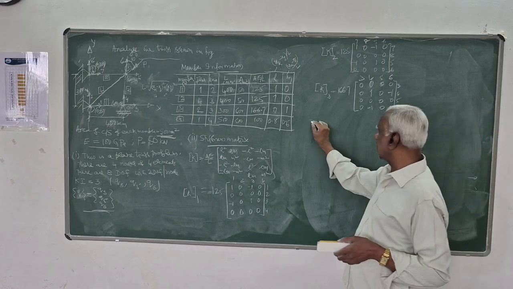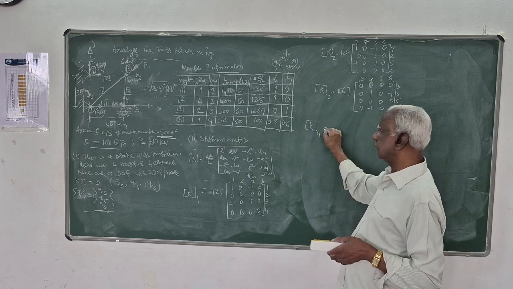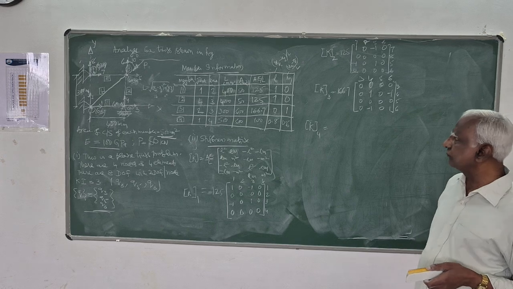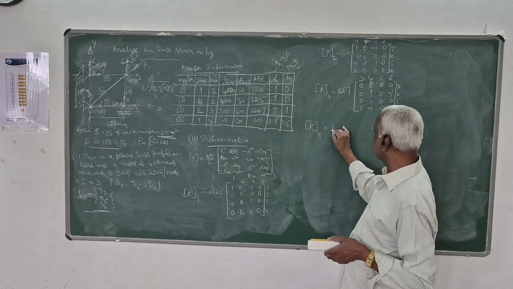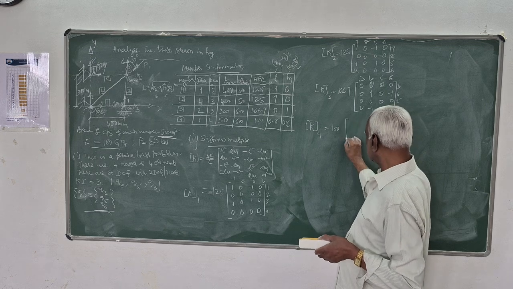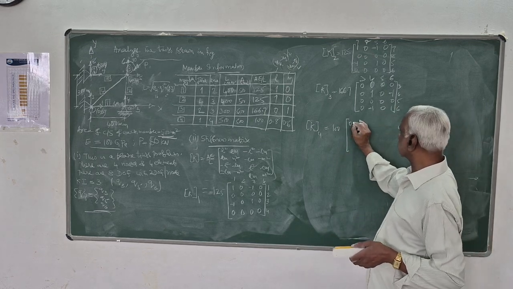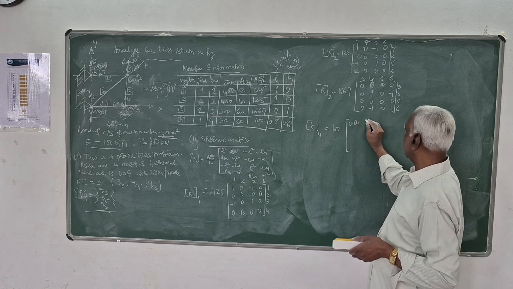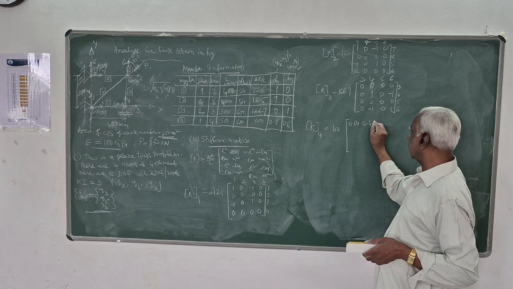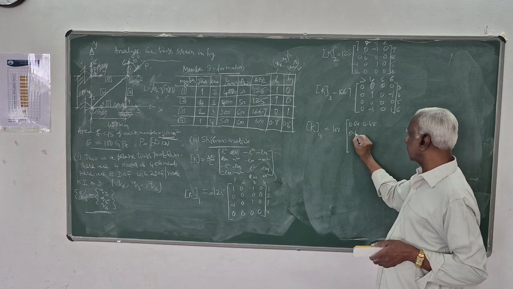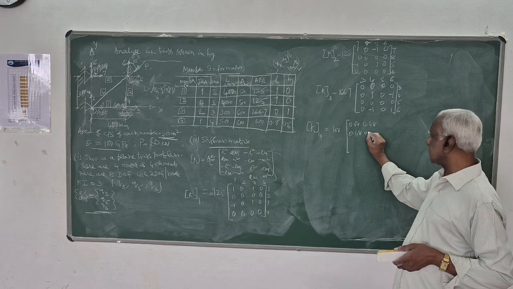Then last member, the stiffness matrix is given by K4. It is AE by L, 100 into L square, it is 0.64, LM 0.6 into 0.8, 0.48, this is 0.48, M square is 0.36.